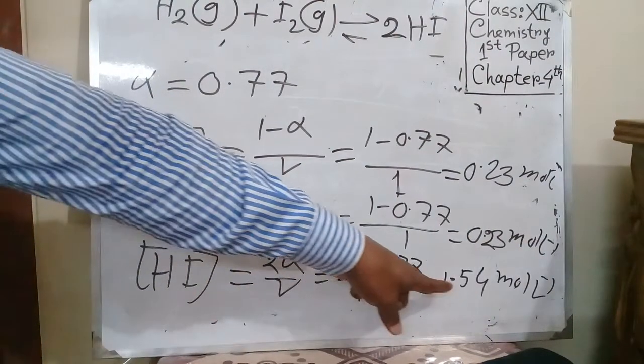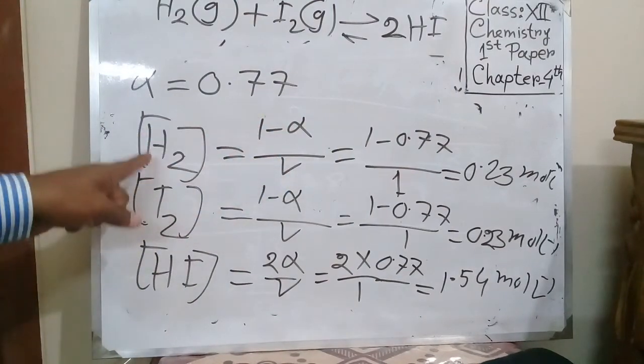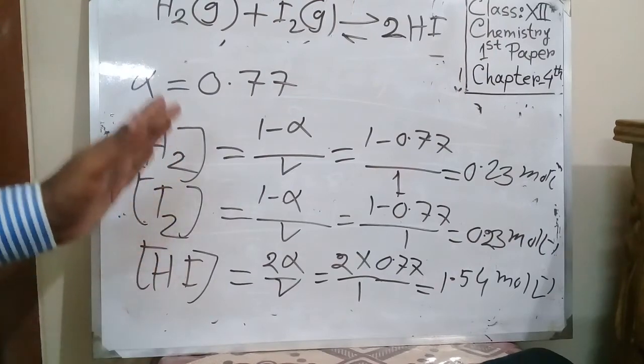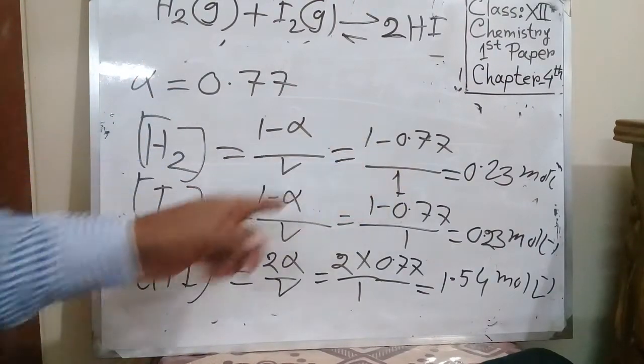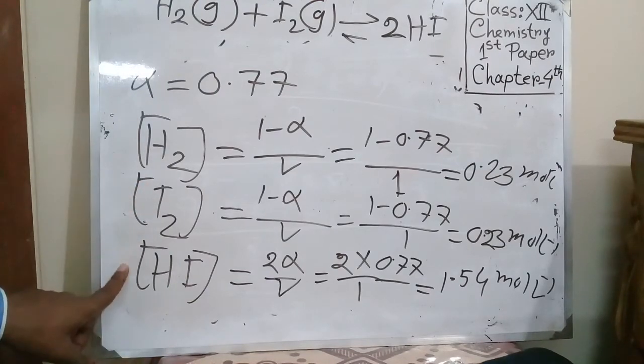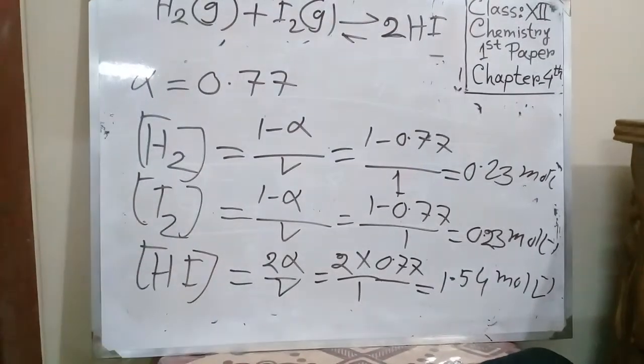So this one is the final concentration of hydrogen iodide, this one is the final concentration of hydrogen, and this one is the final concentration of iodine. That means we have found the final concentration of these compounds at equilibrium. So this is the result. Thank you very much.